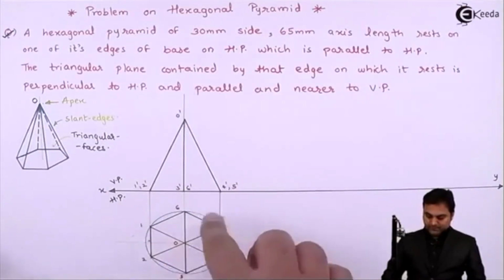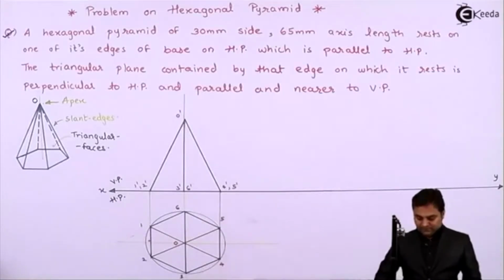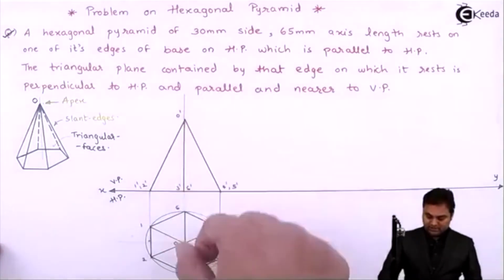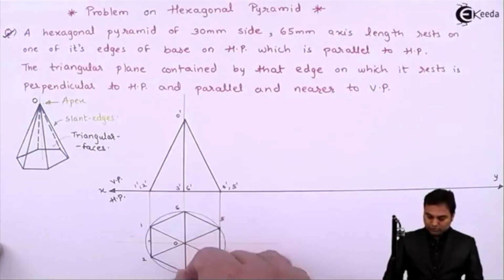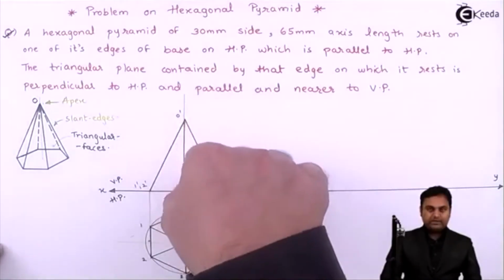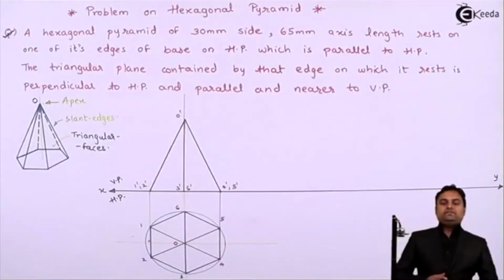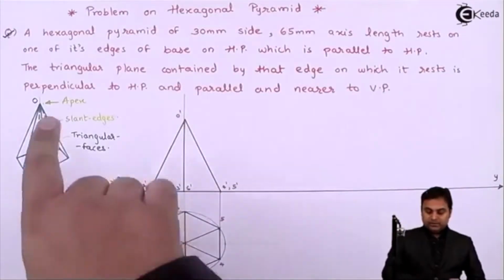Looking from top, the edges are dark. When I look from this direction, the front view is projected. Here also the edge is dark because O23 and O26 are onto the same line. So O dash 3 dash and O dash 6 dash. Next, I'll read the other condition.